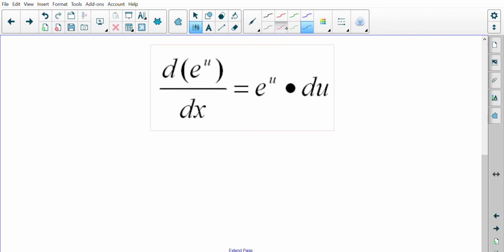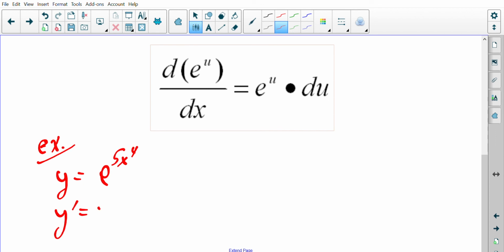And if I just extend here, what does this mean? This means that if I have the exponential function y equals e to the 5x to the 4th, then my derivative is e to the u multiplied by the derivative of u.